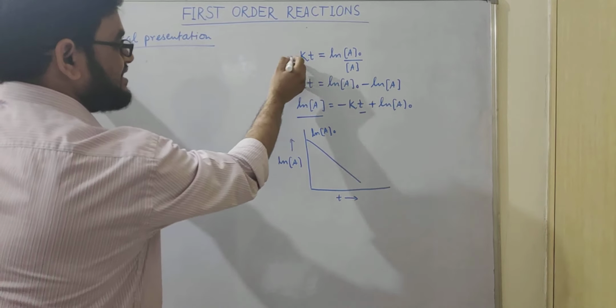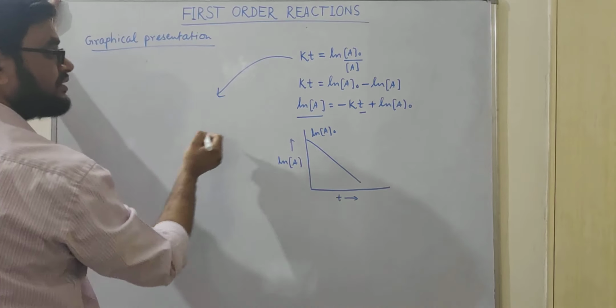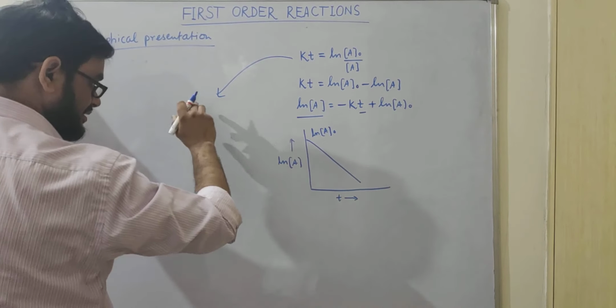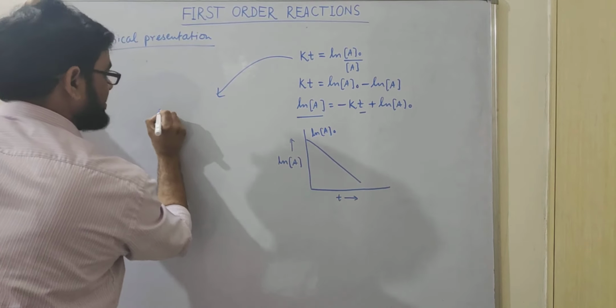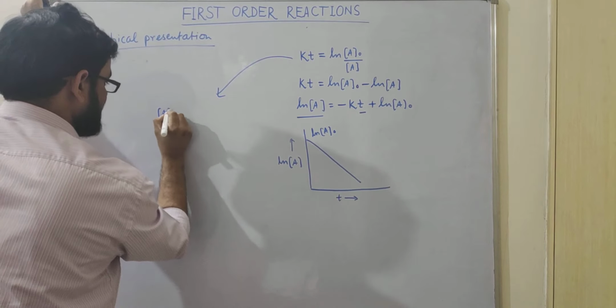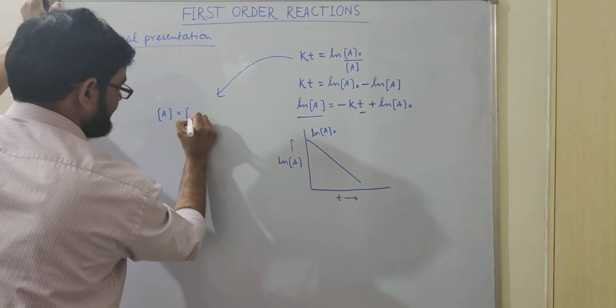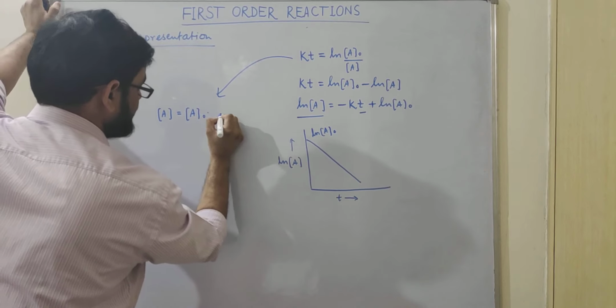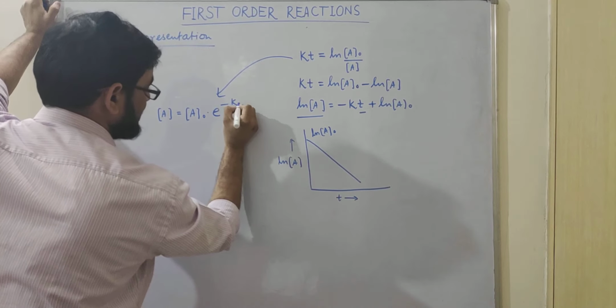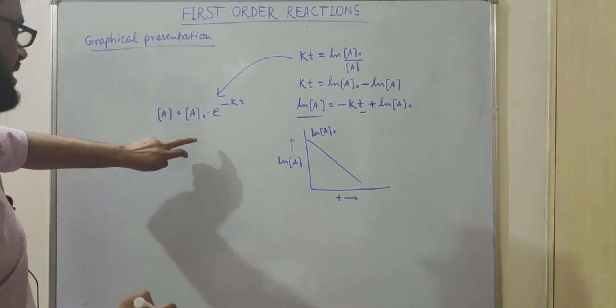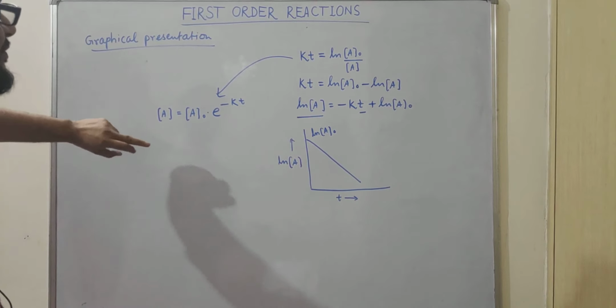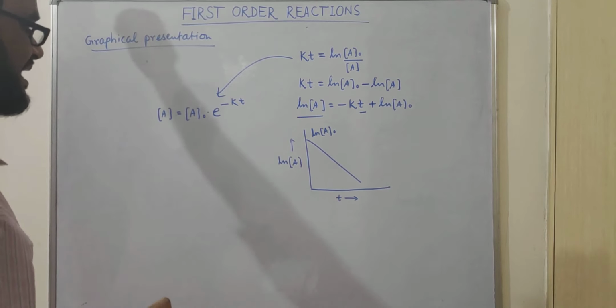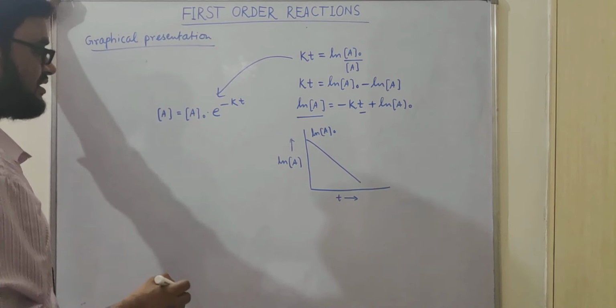We can rearrange this equation differently. So this equation can be written like as A is equal to A0 into e power minus kt. This equation is called the exponential form of the rate law equation for the first order reaction.